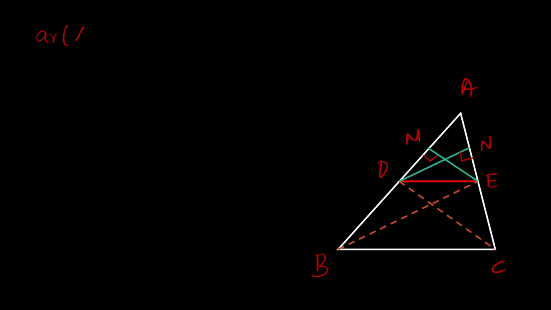Again, continuing the proof, consider the same triangle. Mark the respective points A, B, C, D, E, M, N. Here they are altitudes, so they will be at 90 degrees. Now I am going to consider again the area of triangle ADE.